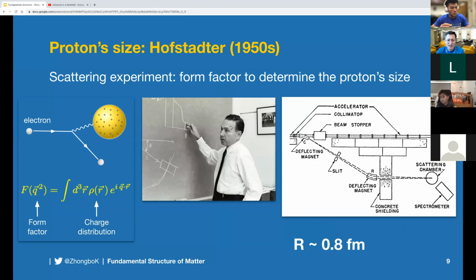This is the professor back at that time who actually figured this out. They found that the size of the proton is around 0.8 Fermi. Fermi is 10 to the minus 15 meters. So this particle by itself also has size.